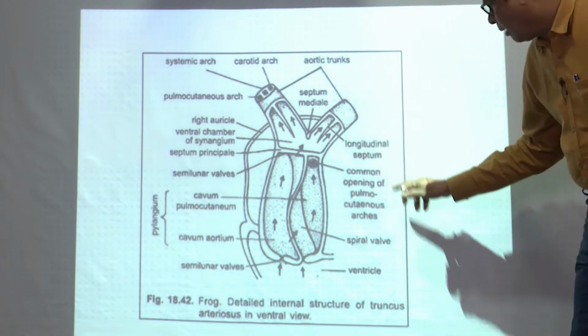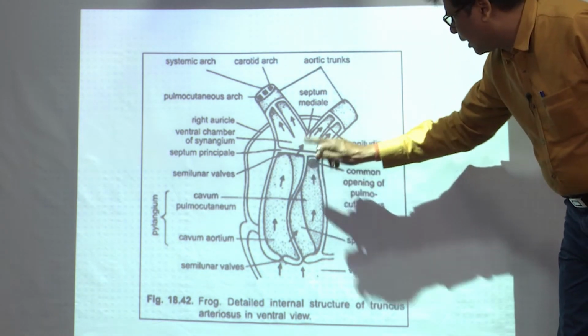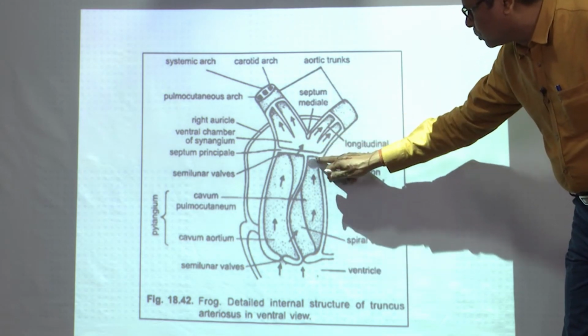Now you see this is the spiral valve, and due to the presence of this, what happens?